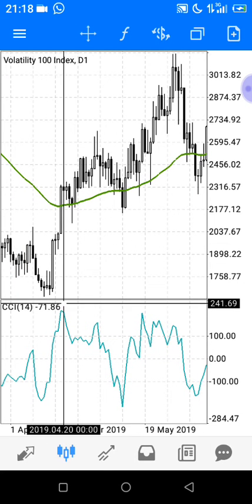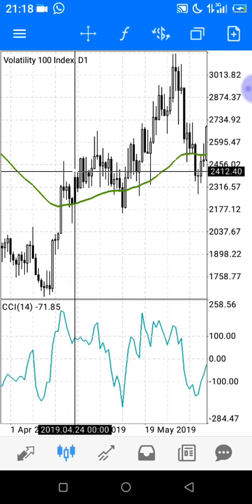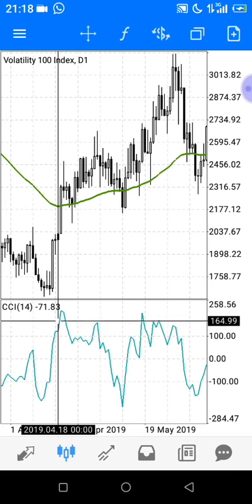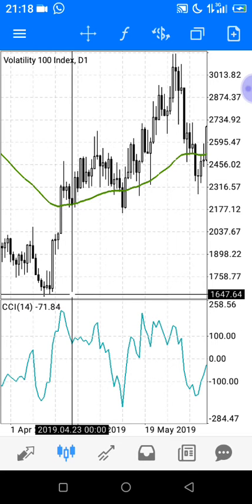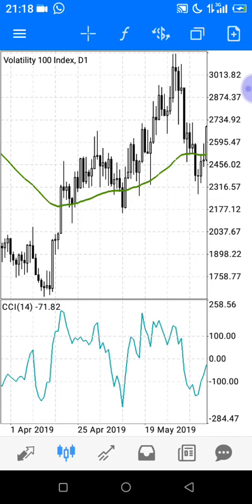Another condition was met here on the 19th of April. The candlestick closed bullish above EMA 60, and the value of the CCI was above 100, and as you can see, this was a good buy.